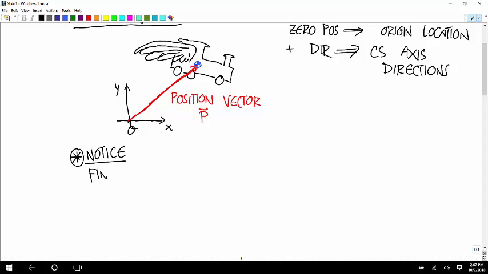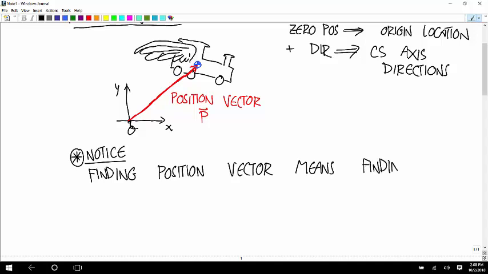So finding the position vector means finding the coordinates of the object at an instant.